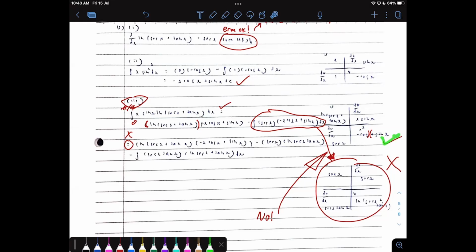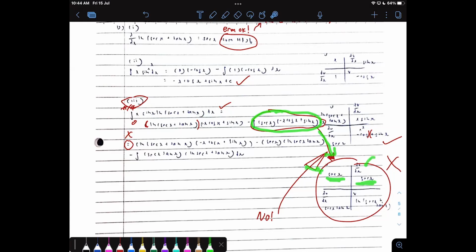Okay, then that means you end up with u times v minus the integral of v du. But over here, the first integral is okay, but the second one is not so good. When you try to integrate secant x multiplied by minus x cos x plus sine x, you chose u to be secant x and dv by dx to be secant x again.